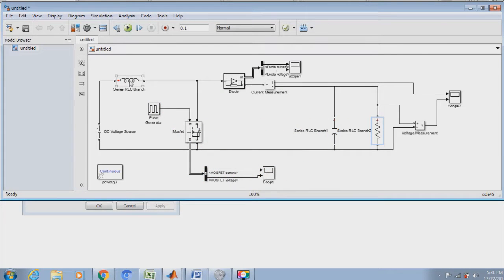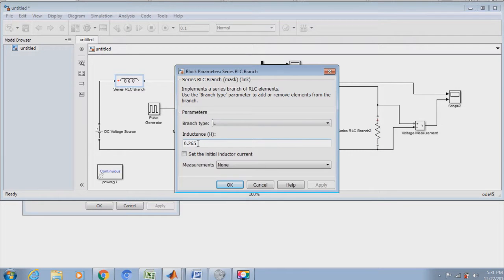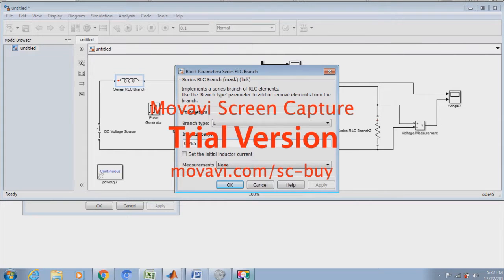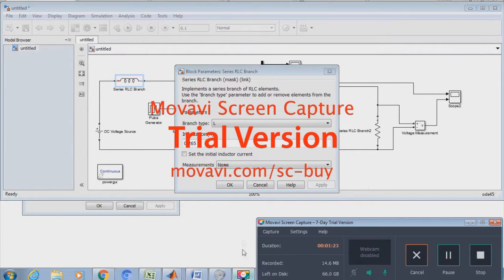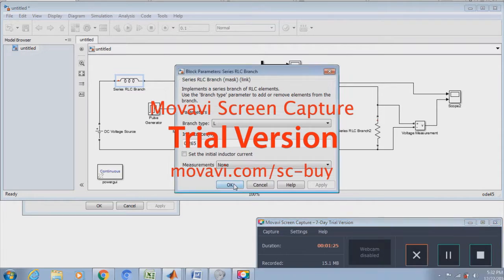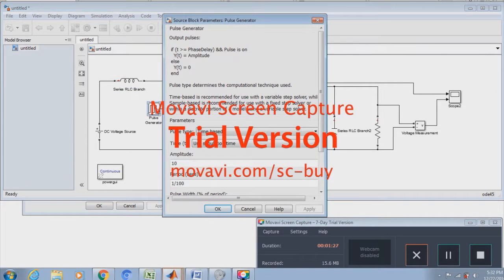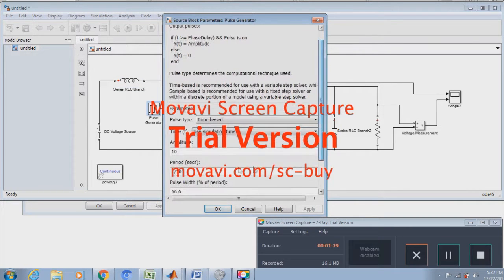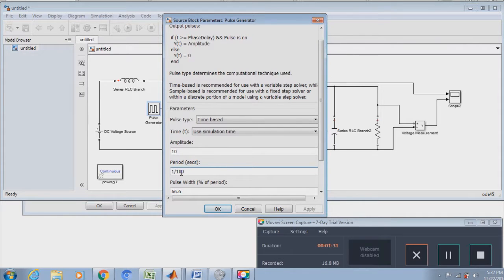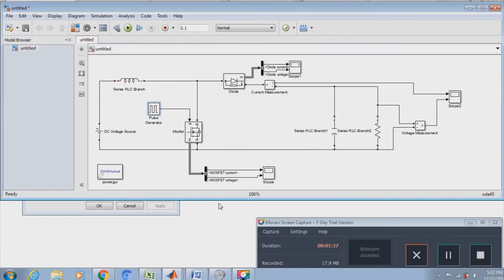Okay, so the inductor was varied between 0.08, 0.113, and 0.265, and also the pulse generator is varied between 100, 1000, and 10,000.